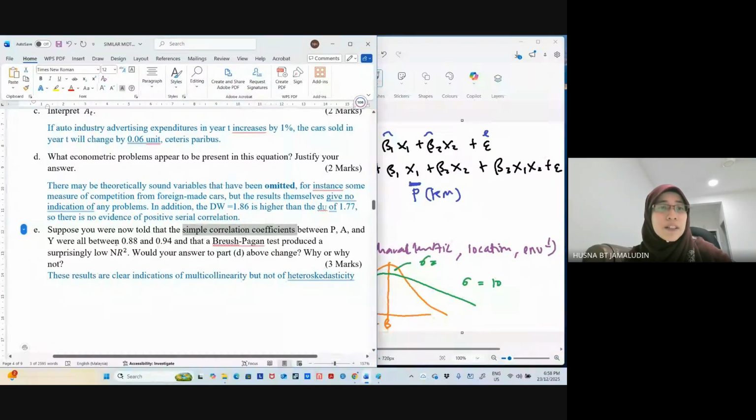So basically, these three independent variables are highly correlated. So your answer to part D changes because now you found out that you have a somewhat serious or severe multicollinearity issue. Okay, I just simply forgot simple correlation.